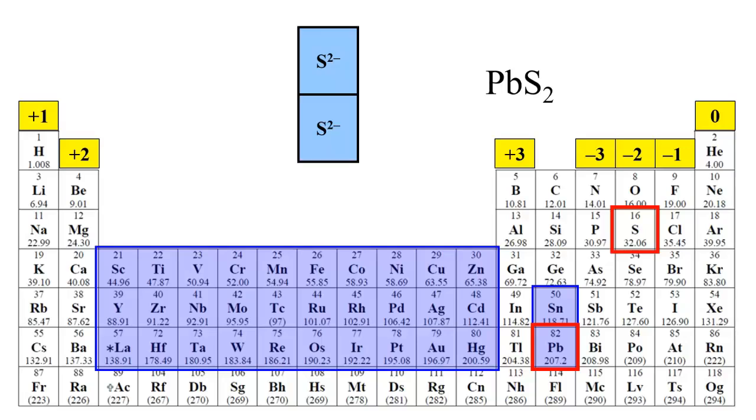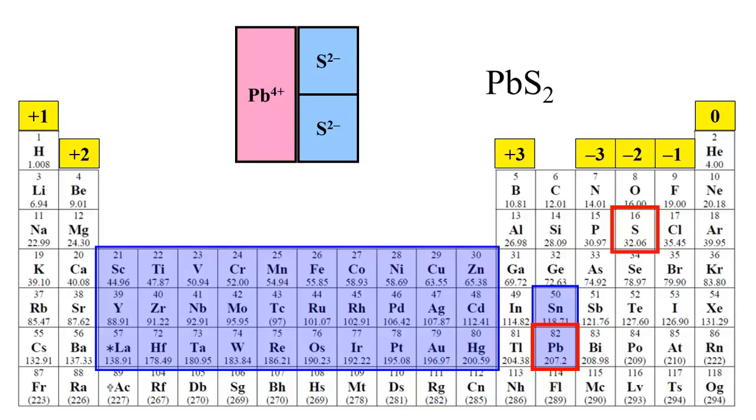So if you know that the charge on the sulfide ion is -2, but you have 2 of them in this ionic formula, the charge on the lead is going to be +4. And hopefully you can see how that works out. The total charge of the 2 sulfur ions is -4.